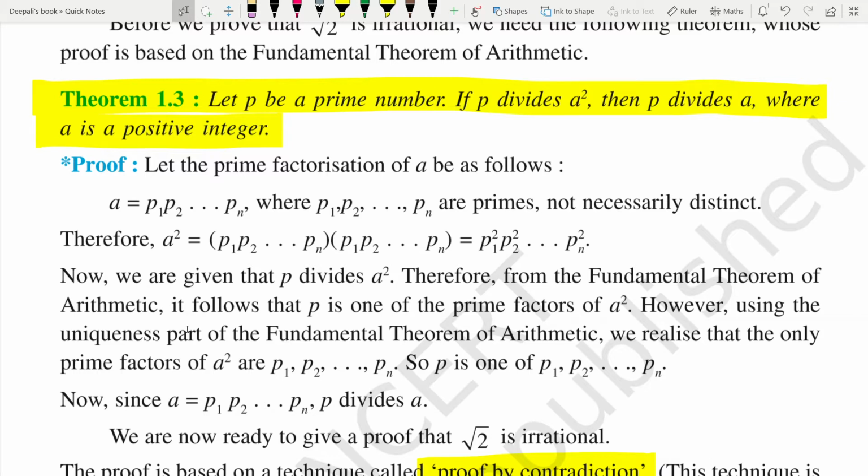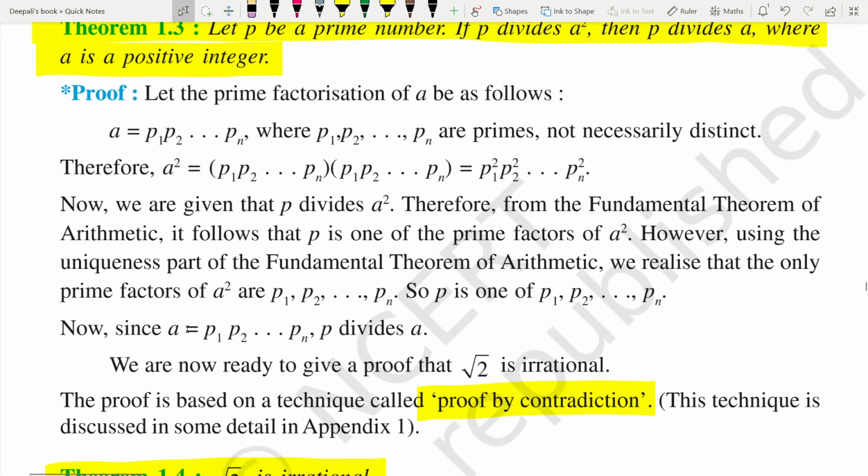Now we are given that p divides a squared. Therefore, by the fundamental theorem of arithmetic, it follows that p is one of the prime factors of a squared. However, using the uniqueness part of the fundamental theorem of arithmetic, we realize that the only prime factors of a squared are p1, p2 till pn, and so p is one of p1, p2, pn.